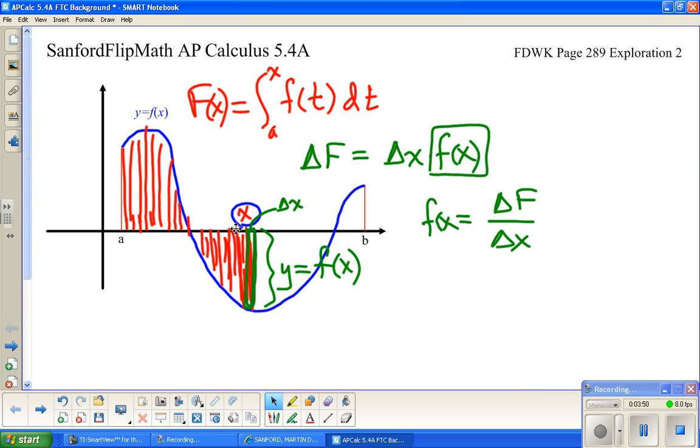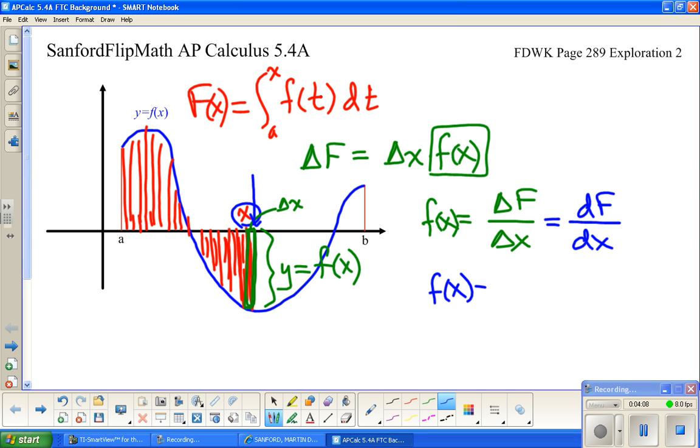Now, as we know from calculus notation, if this was an infinitely narrow delta x, then we would make that dx, and this would be df. So in effect, f of x equals f prime of x.